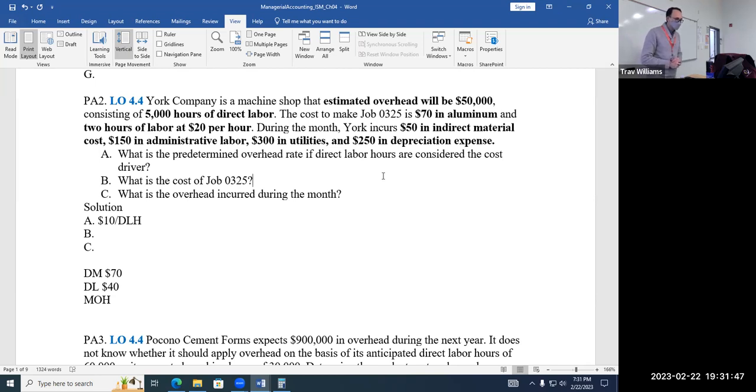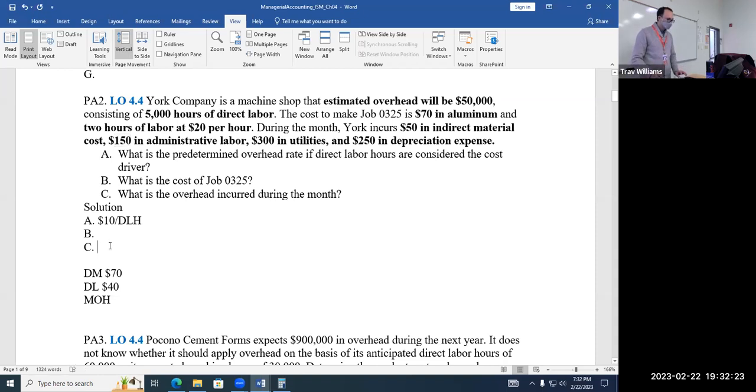So that is the overhead cost that the company incurred, but it's not necessarily for this job. In fact, I think you've answered question C, right? If we take the indirect material cost at 50 plus the administrative labor, which means administrative labor in the factory, so it's still production related, plus the utilities, plus the depreciation expense, that would be $750.